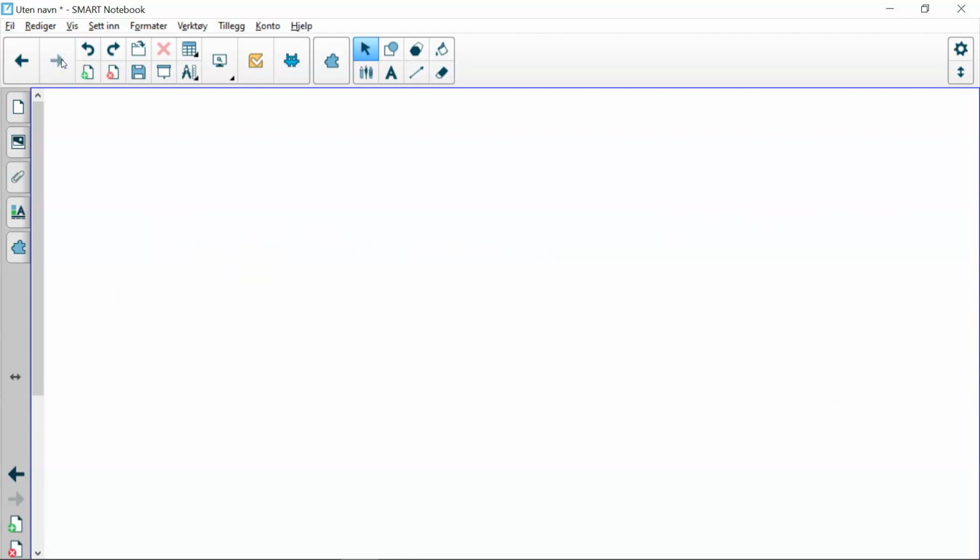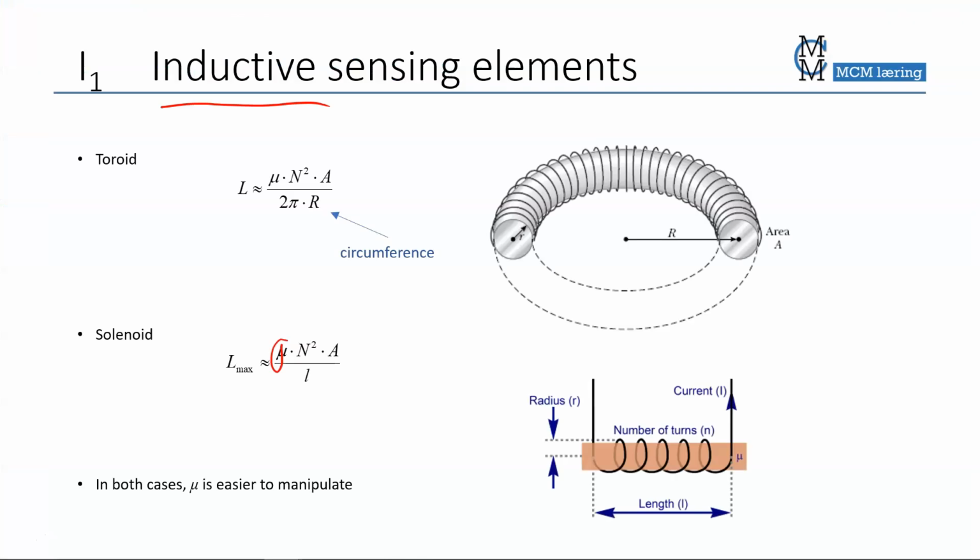Some coils are so-called solenoid and some are toroid. Let's go back to the toroid coils and solenoid coils. Toroid coils are circular shaped. Of course, it should be a circle all the way around here.